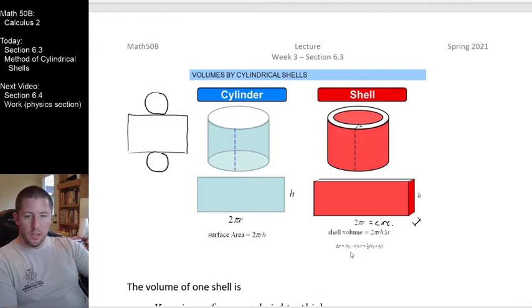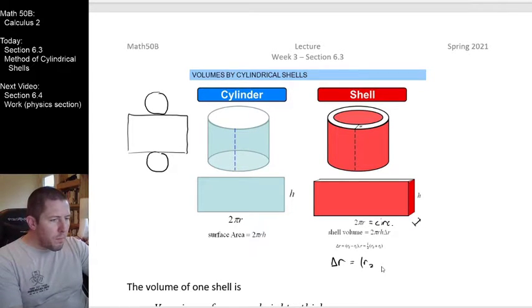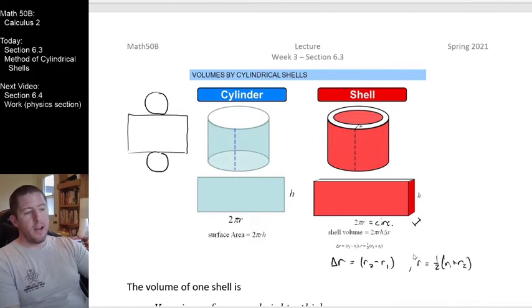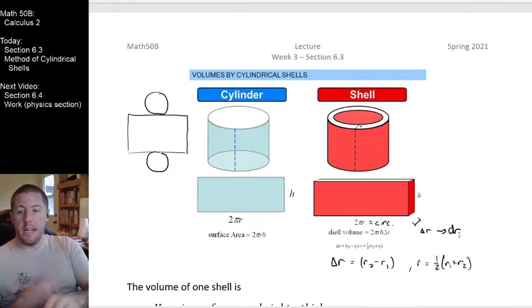I know this writing down here is really small, so I'll write it bigger: delta r equals r2 minus r1. We're really saying our average radius is the sum of the 2 radii over 2. But the point is, this is our delta r, which is going to be our dr in our Riemann object.